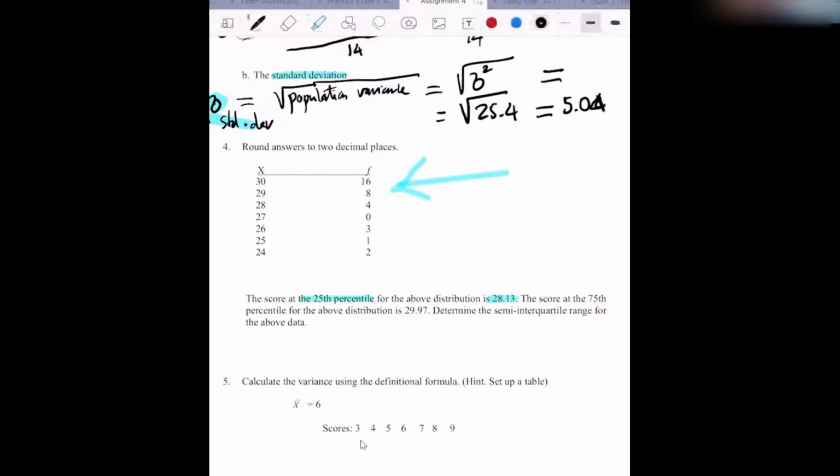You can think of 28.13 as one of the x values in the table. And the score at the 75th percentile is 29.97. So this is just another x value from the table. So determine the semi-interquartile range for the above data.